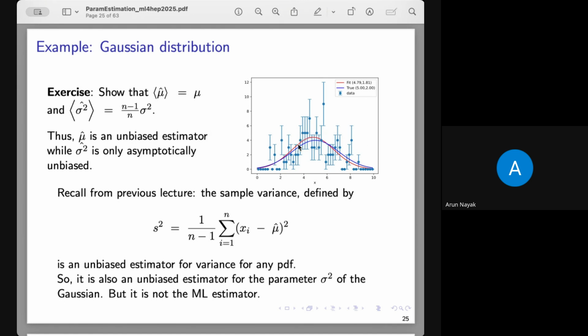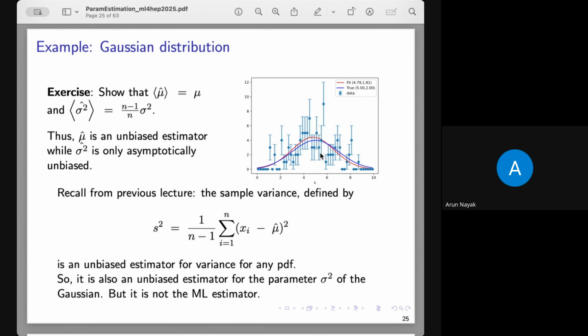Now suppose my data matches with the mean of 5 and sigma of 2. Now suppose I consider sigma to be 4, then I expect to get data which is much broader, isn't it? The distribution would be much broader than the one that I have here.